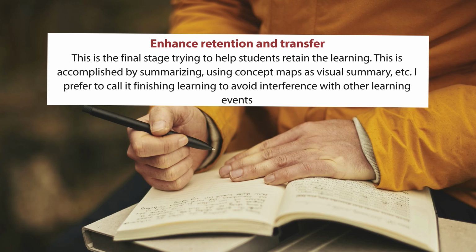This is the final stage which tries to help students retain the learning. What do we do? We summarize here. We use concept maps or visual memory so that the learning is transferred. This is a brief about Gagne's model of 9 steps of instruction.